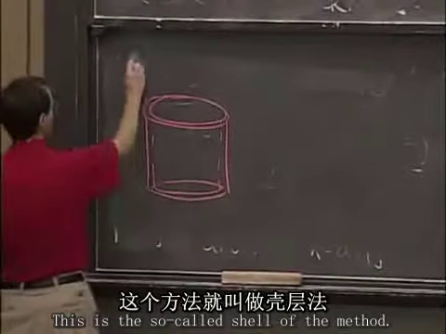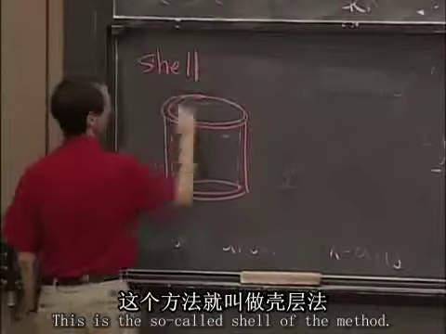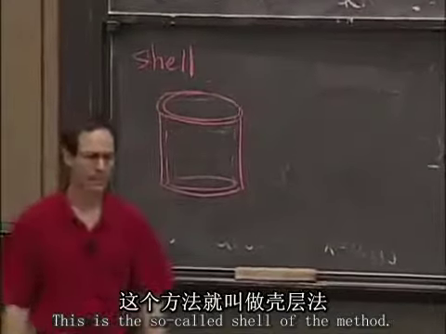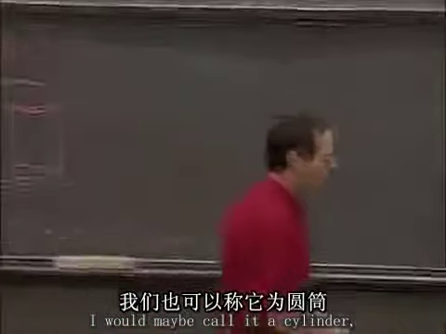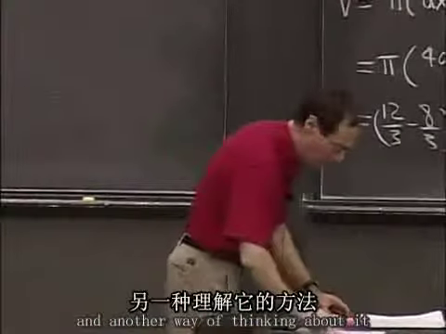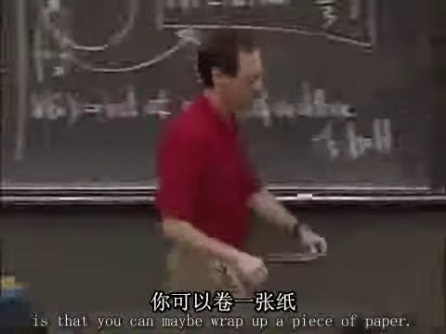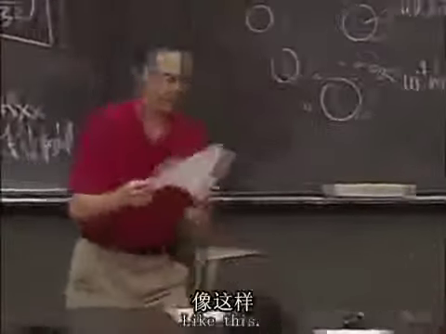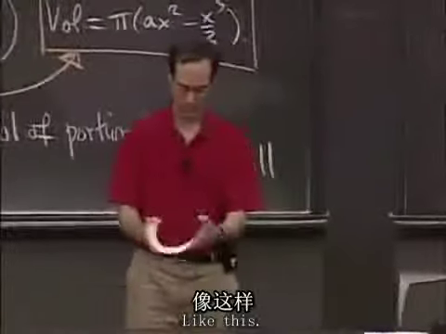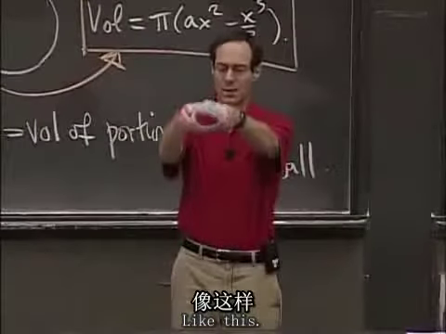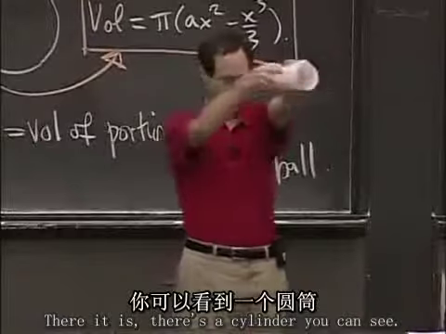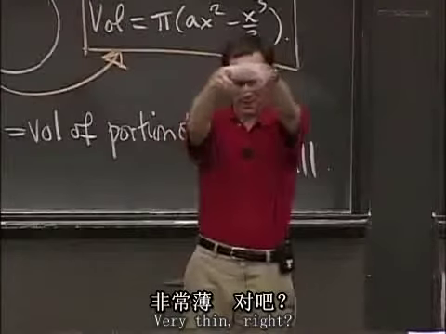Right, this is the so-called shell of the method. I would maybe call it a cylinder, and another way of thinking about it is that you can maybe wrap up a piece of paper, like this. There it is. There's a cylinder you can see. Very thin, right? Very thin.